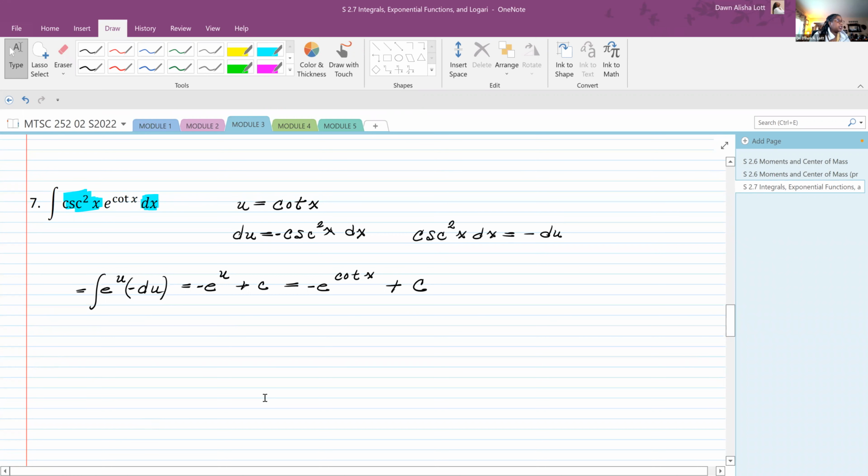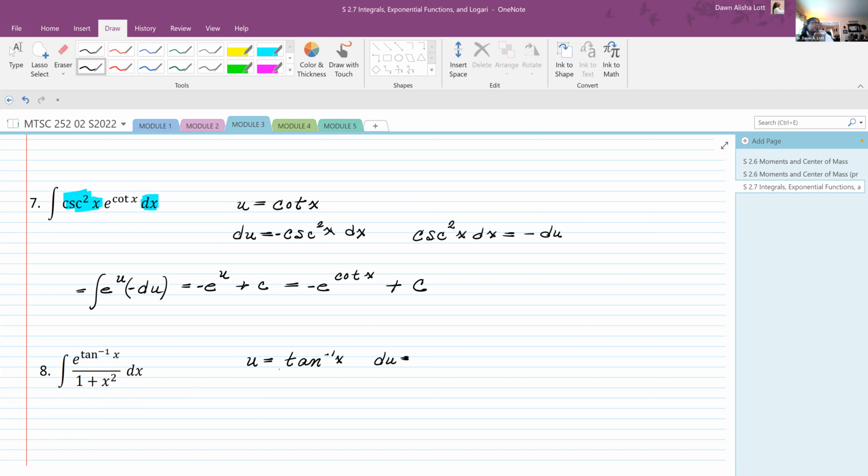All right, what's u? Tan inverse of x. And what's du? What's the derivative of tan inverse? This is one of the ones you had to know. Was it 1 divided by 1 plus x squared? Yes.